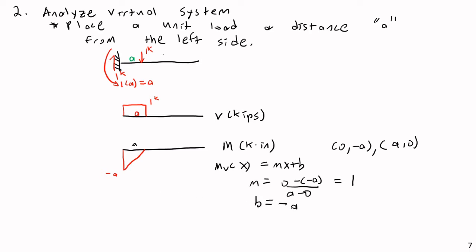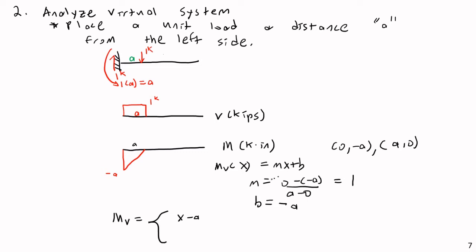So we have a very interesting moment expression here, and that's going to be that m_v, well, it's still going to be a piecewise function here. We have one region from 0 to a, but then beyond that, the moment's going to be 0. So our virtual moment function will be x minus a, because we have a slope of 1.